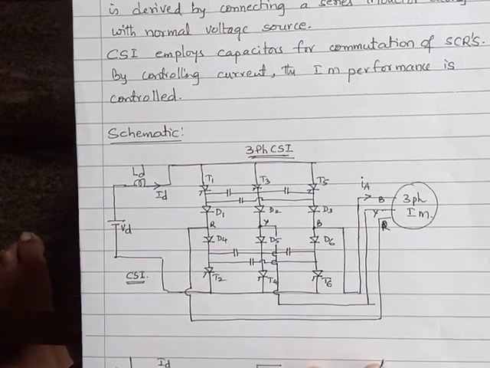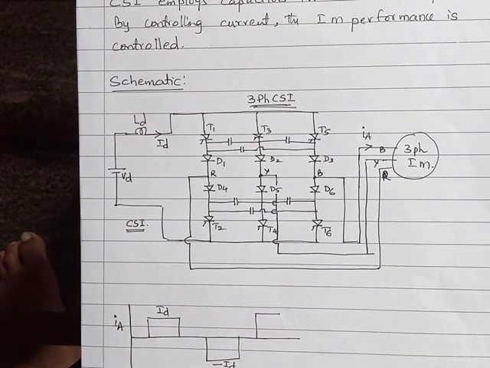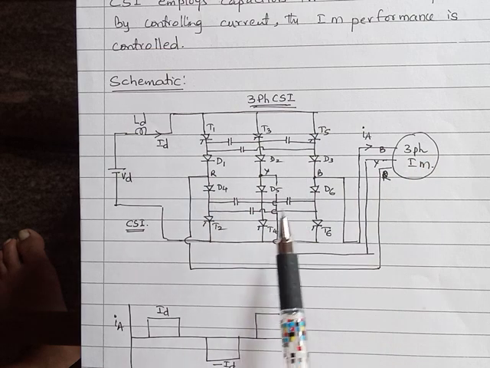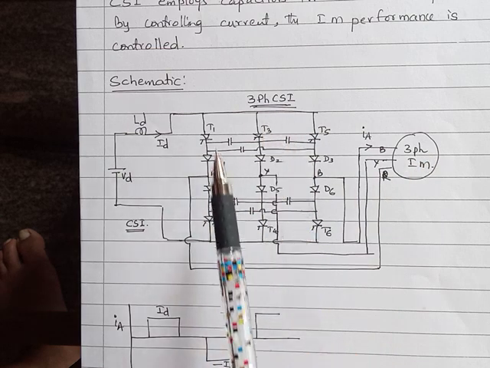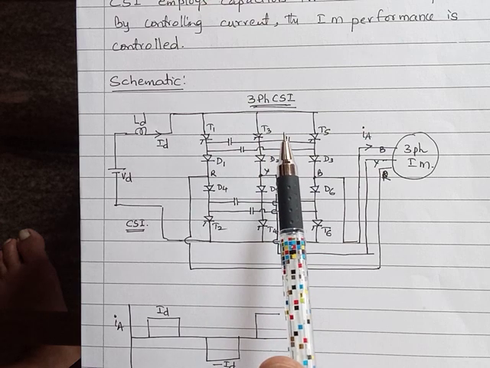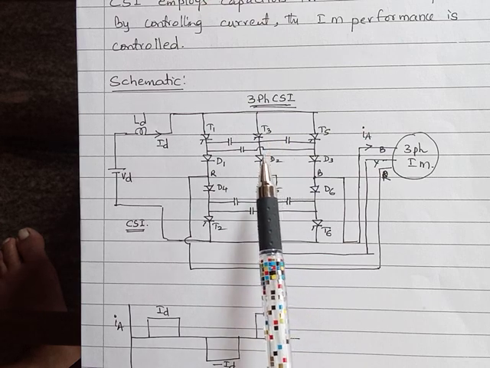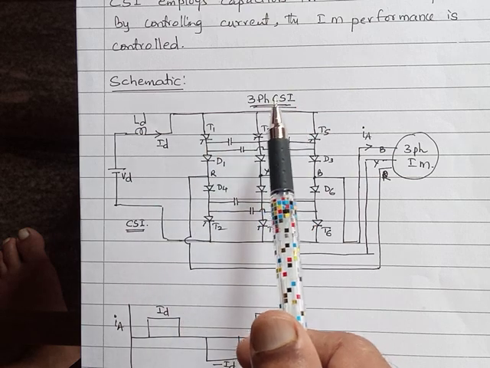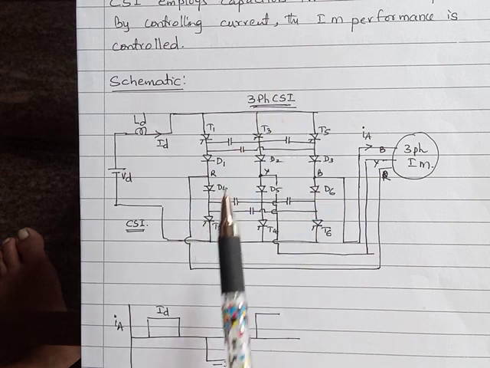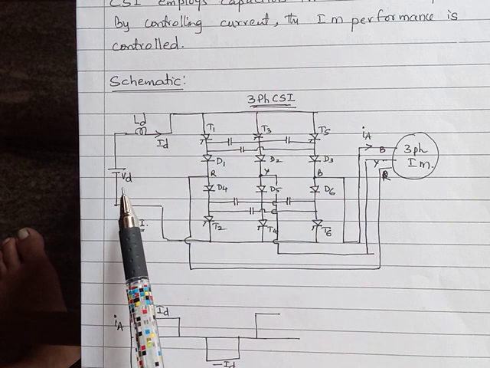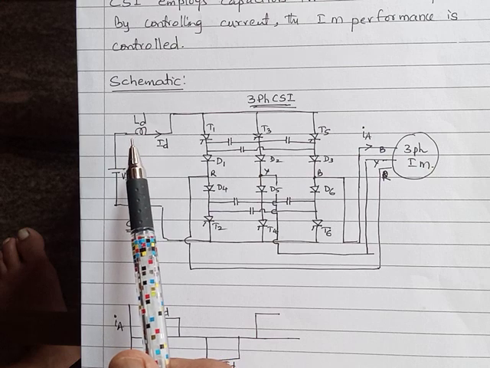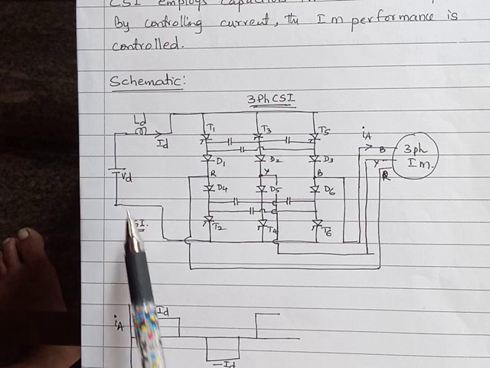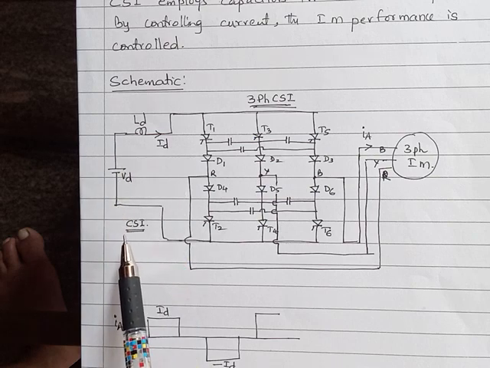So look at the schematic now. We have a three-phase induction motor, and then we have the bridge. This is the three-phase inverter bridge, supplied from a current source, hence a three-phase current source inverter. And here we have the voltage source, in series a very high inductor. Voltage source and high inductor in series together will make this a current source.